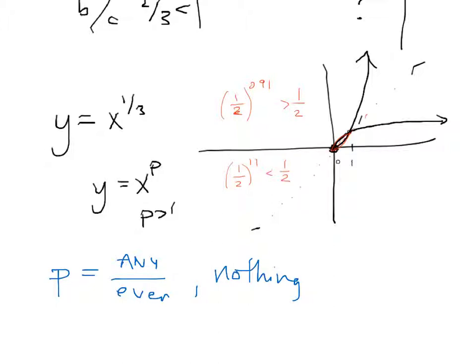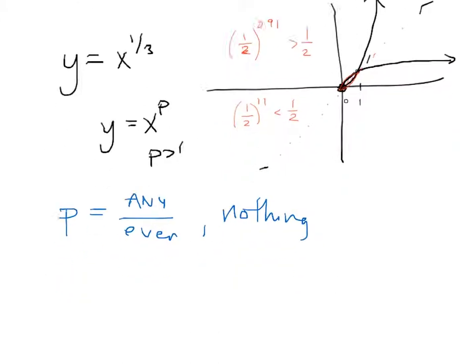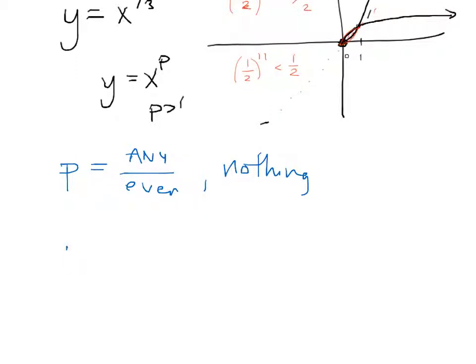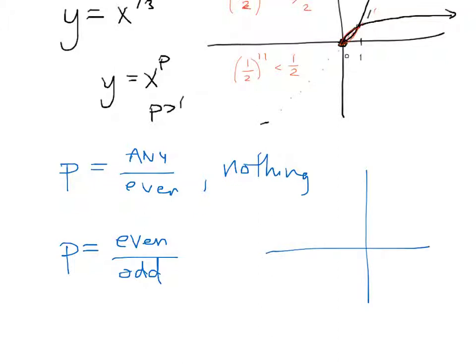If p is even over an odd, you'll get this, or you'll get this. Okay?